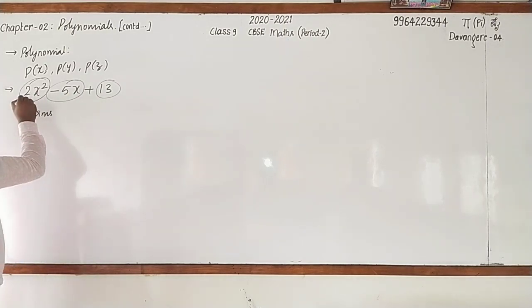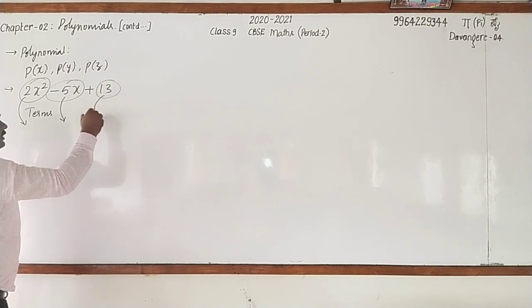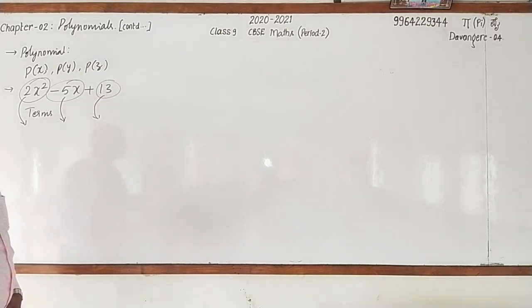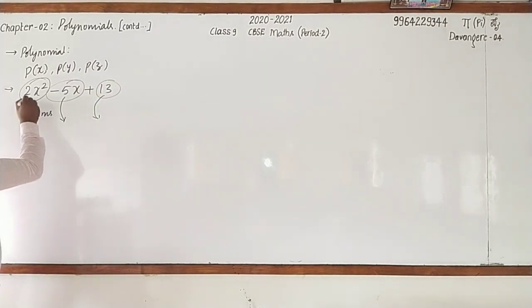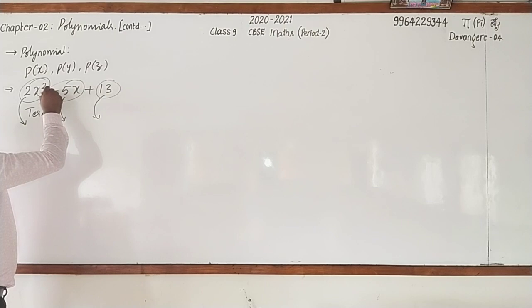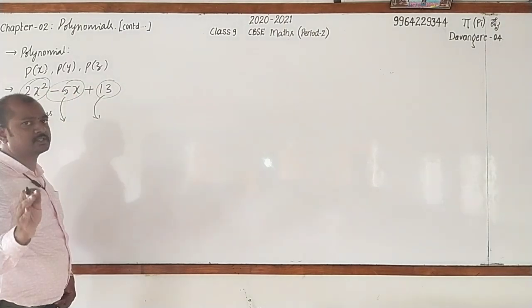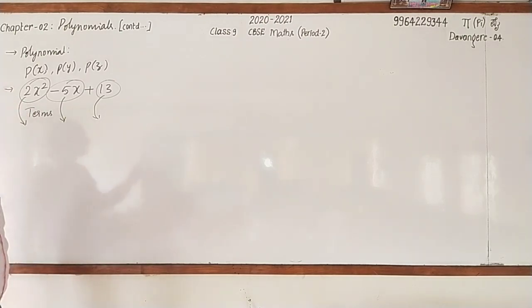Then what do you call 2, minus 5 and 13? They are all called coefficients. Here 2 is called the coefficient of x square, minus 5 is called the coefficient of x, and 13 is just the constant or coefficient of x raised to the power 0, right?